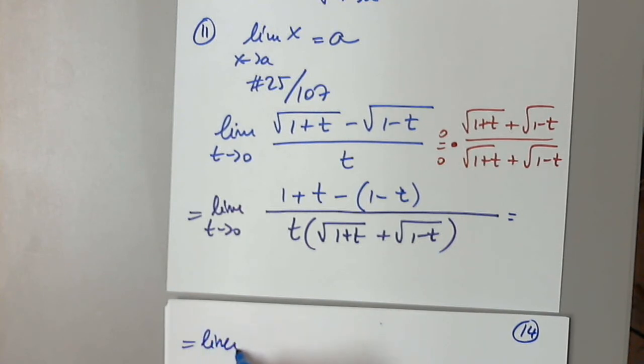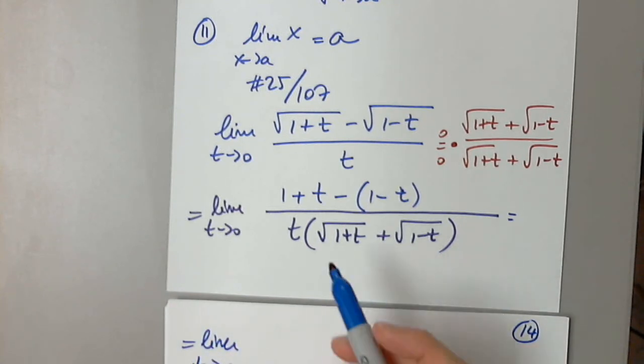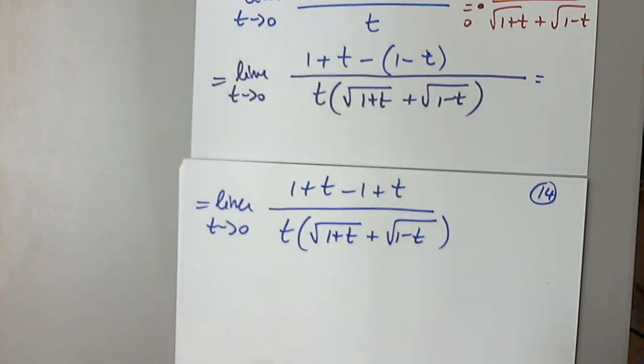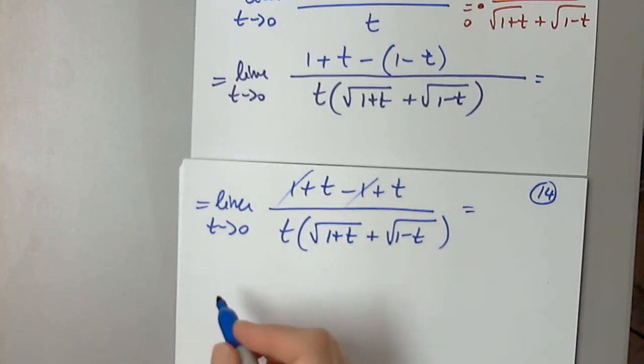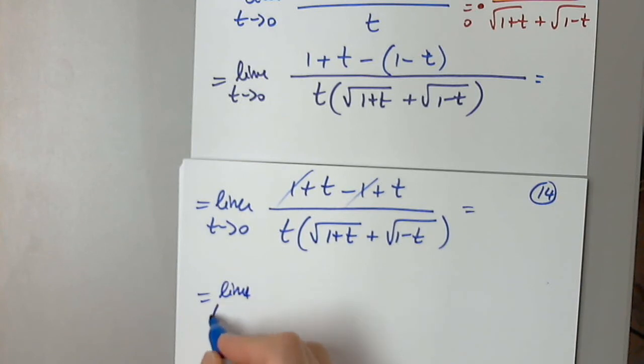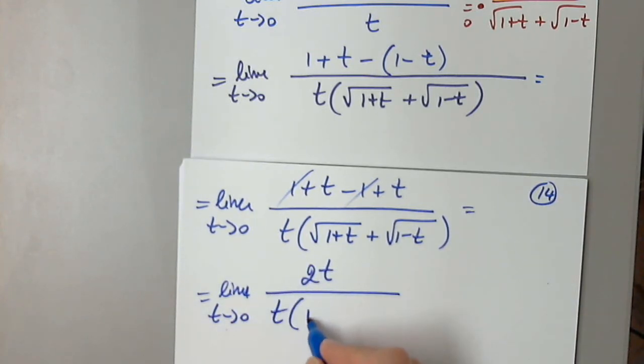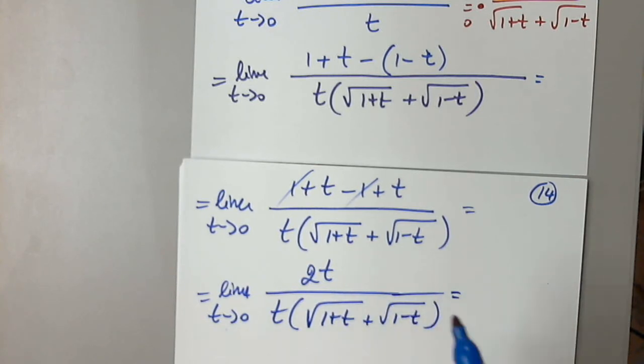Last step. So this is the limit as t approaches 0. The numerator has 1 plus t minus 1 plus t, divided by t, and in parentheses the square root of 1 plus t plus the square root of 1 minus t. Please do not cross out terms. I know it's easier instead of writing one more time, but let's write it one more time, and only now simplify the culprit.